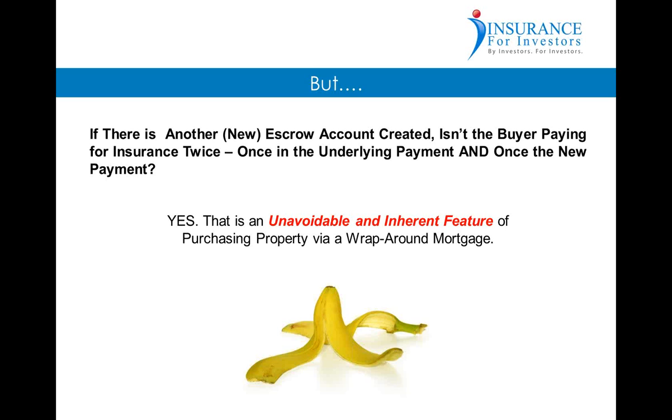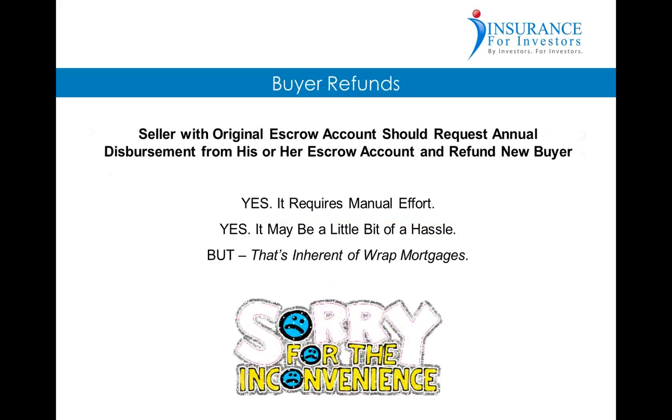That's just an inherent feature of wrap mortgages. Now, other people that aren't qualified or experienced will tell you that that's not the way it's done. I'm telling you that's exactly the way it's done. Anything else is wrong and can lead to future problems. This is why most wrap mortgages have a 2, maybe a 3-year balloon payment, so that this only happens once, twice, maybe 3 times before the loan is refinanced, the sellers are cashed out, the loan is paid off, and everybody goes forward.